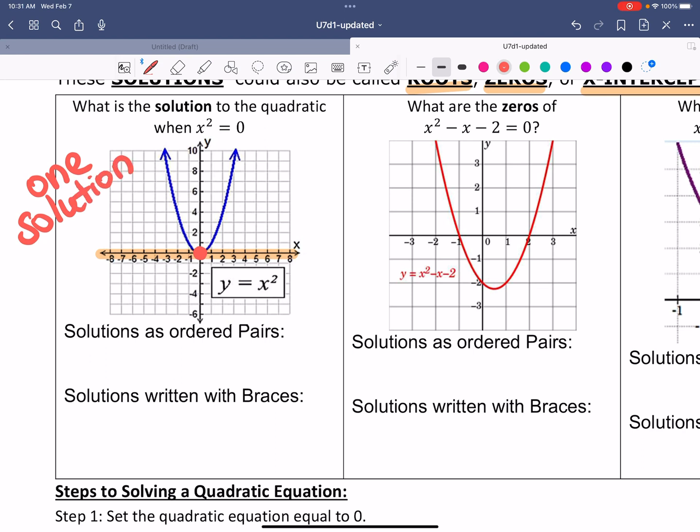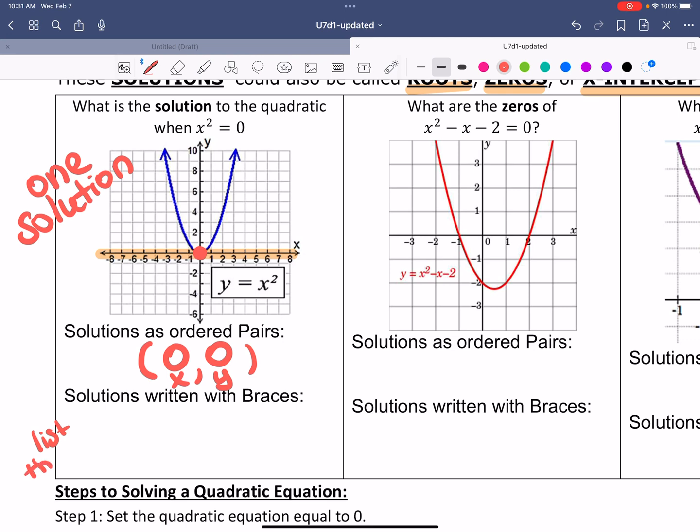We're going to write that solution as an ordered pair. Remember, ordered pair is a fancy way of saying the coordinate. You need to know the x number and the y number. You can see that this particular parabola, or quadratic, is intersecting at the origin, (0, 0). Another way to write solutions is just to list the x. I'm going to put that off to the side.